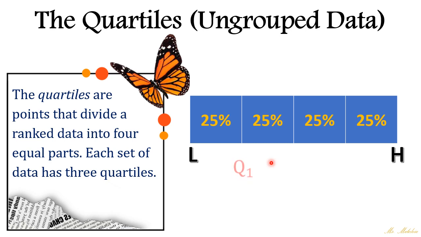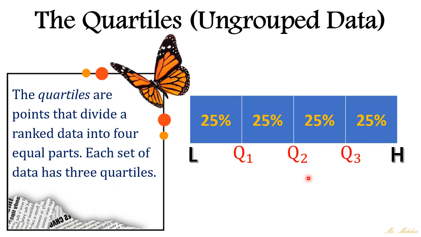The division between the two lower 25% groups would be our quartile 1. The middle division would be our Q2. And lastly, the Q3.